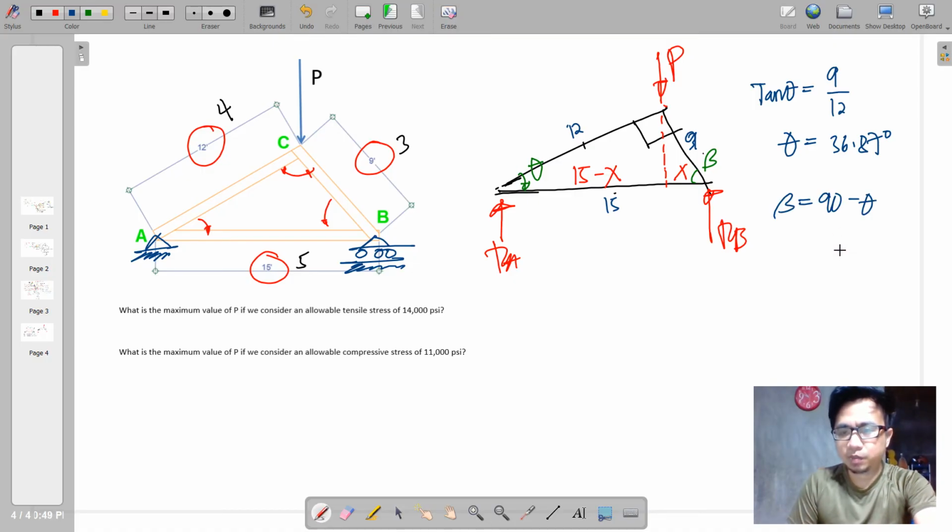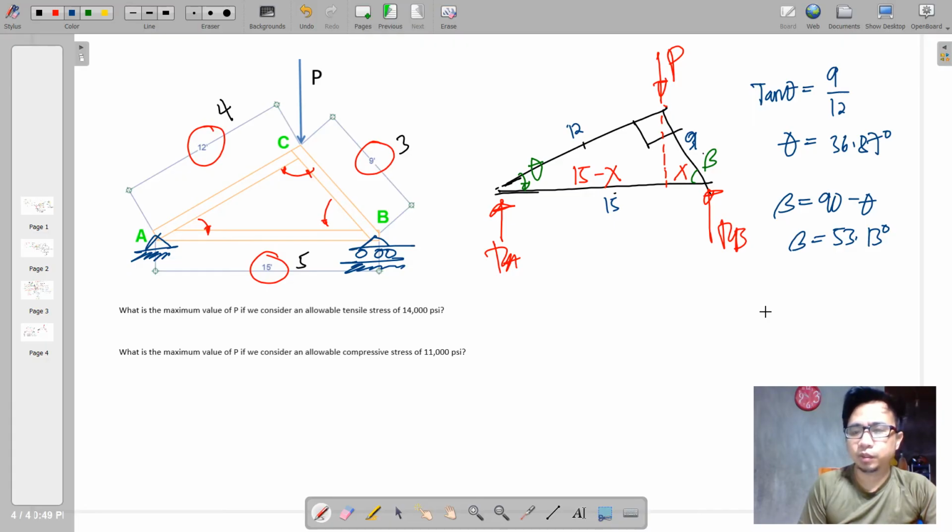Now beta is simply equal to 90 minus theta, and that is 53.13 degrees.